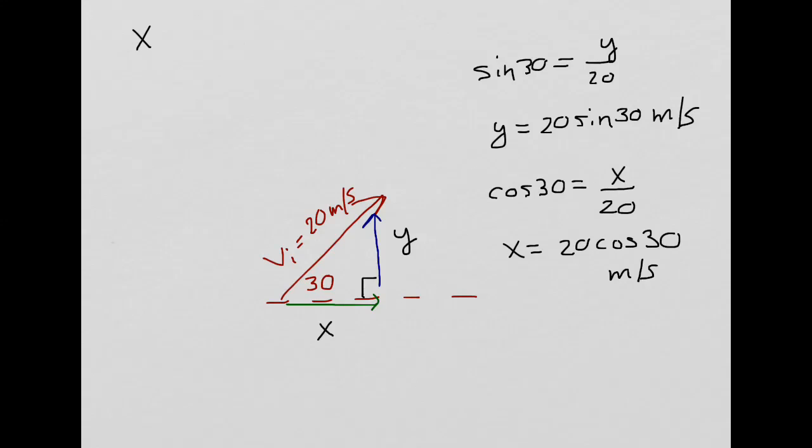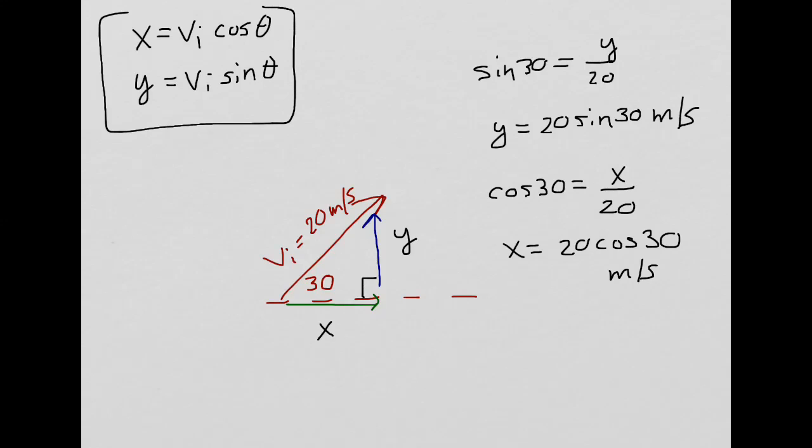And those formulas are x equals initial velocity times cosine of the angle, and y equals initial velocity times sine of the angle. Okay, so those are the formulas that we will use a lot when we solve projectiles, and we just used them in this scenario.